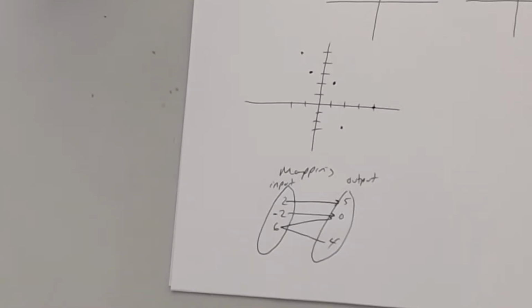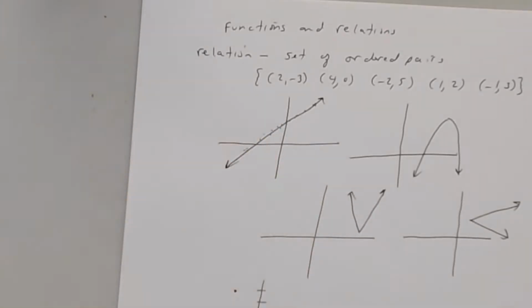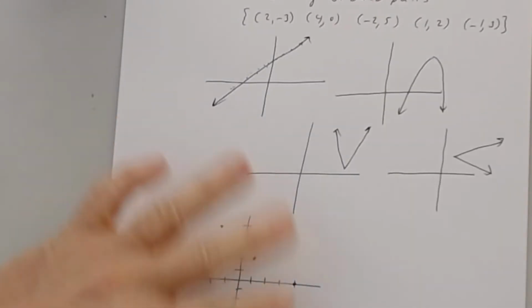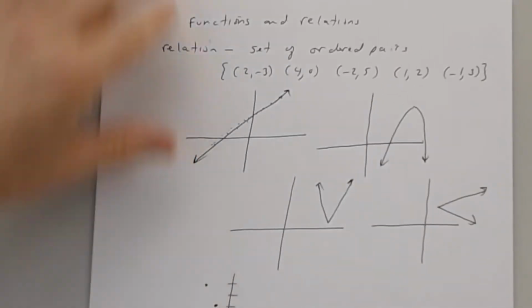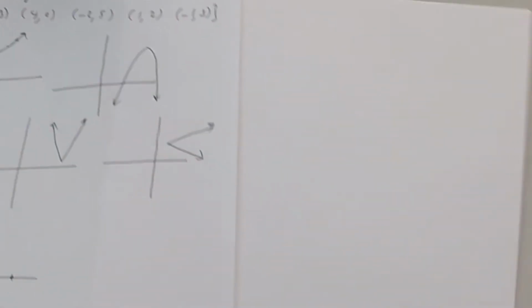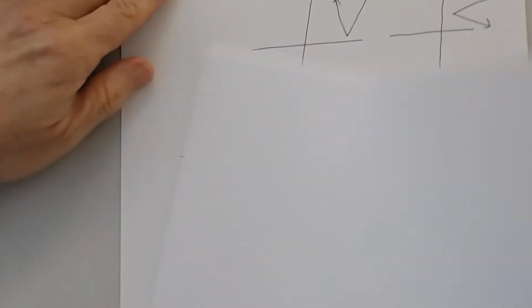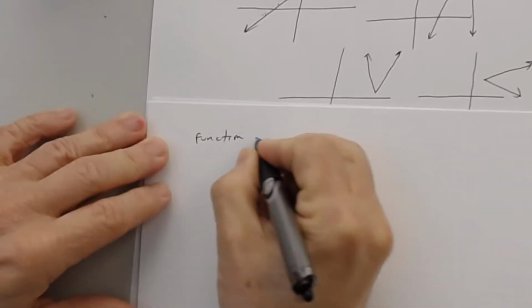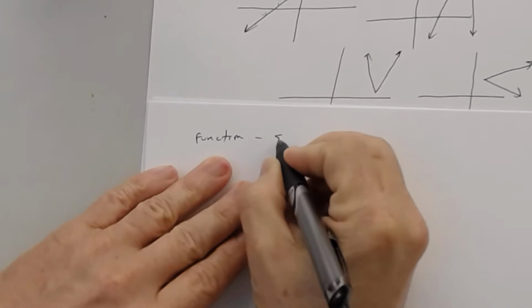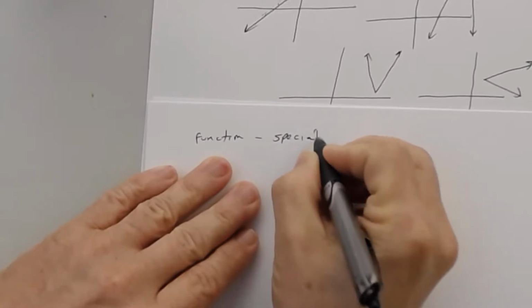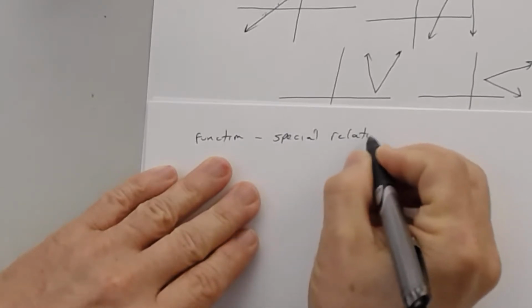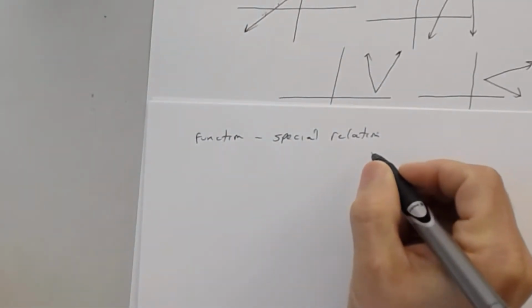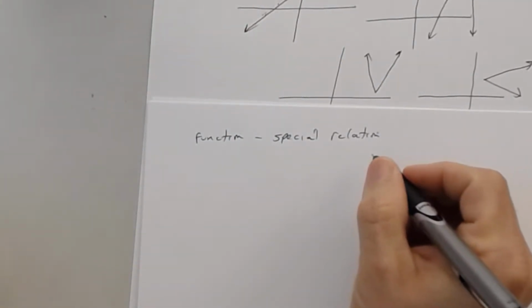So let's talk about a function now. A function. So you know what a relation is. A relation by definition is a what? Set of ordered pairs. That's what it looks like. A function. Let's talk about a function. A function is a relation. So it's a special relation. Now here's why it's special.